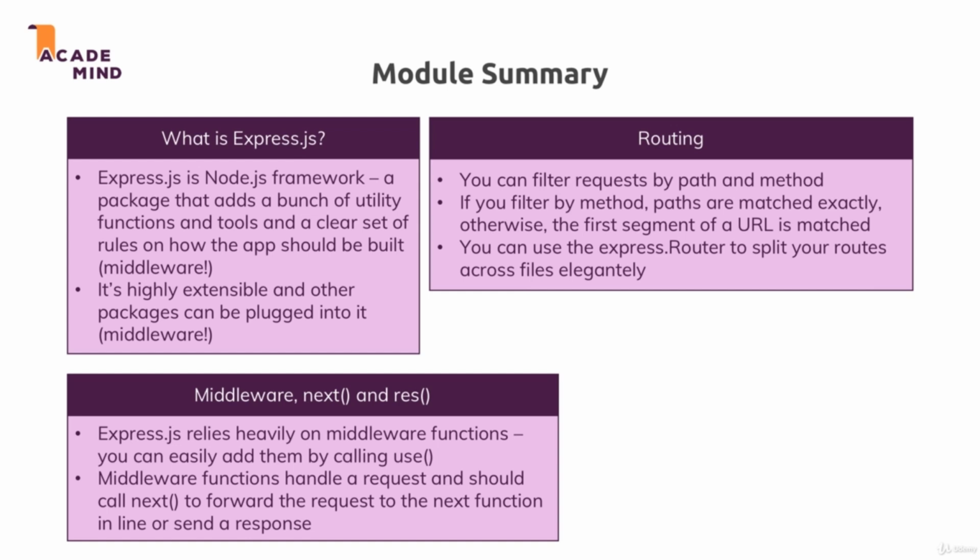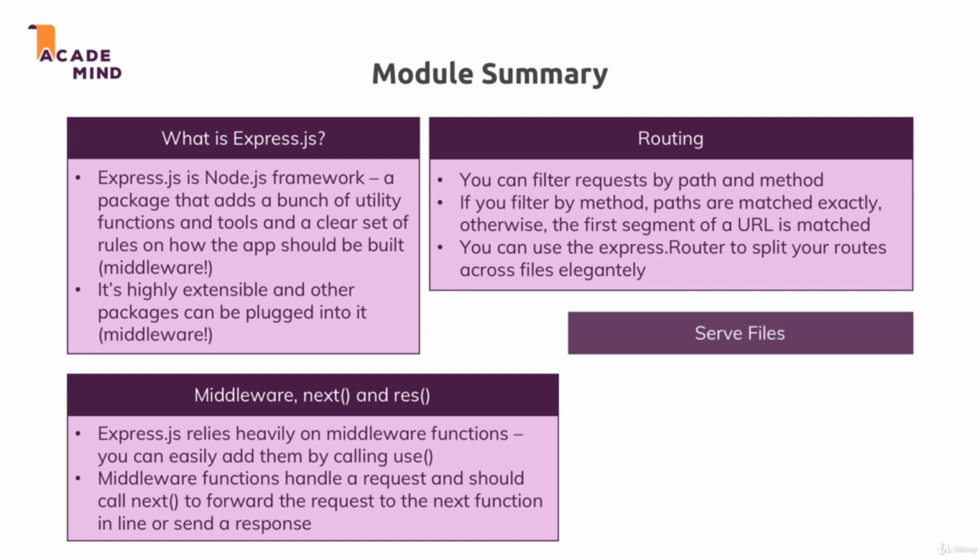Otherwise, with app use, the path you passed would only be matched with the beginning of the URL, the part after localhost. You also can use the Express router package instead of app use, app get, because this allows you to elegantly split your routes across multiple files, since the router you export there can be added as a middleware function into app use in your root file.